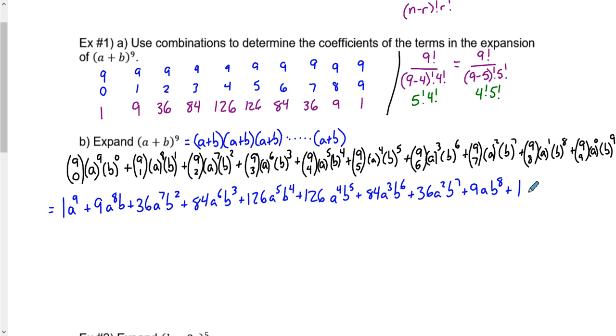And 1, no, we're not going to need a to the power of 0, b to the power of 9. That would be this entire binomial fully expanded.